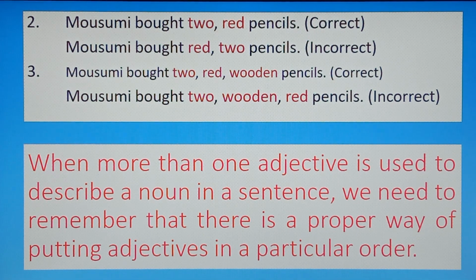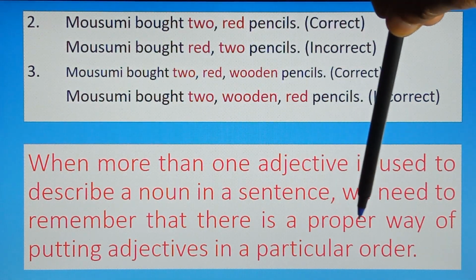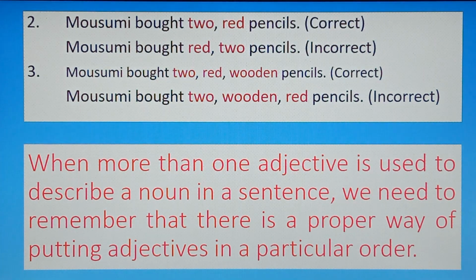Now listen. When more than one adjective is used to describe a noun in a sentence, we need to remember that there is a proper way of putting adjectives in a particular order. That means we cannot put the adjectives by our choice. There is a particular order, and according to this order we should put the adjectives.